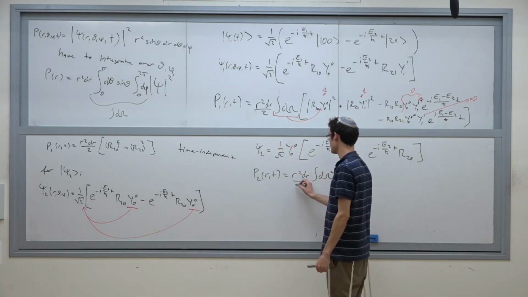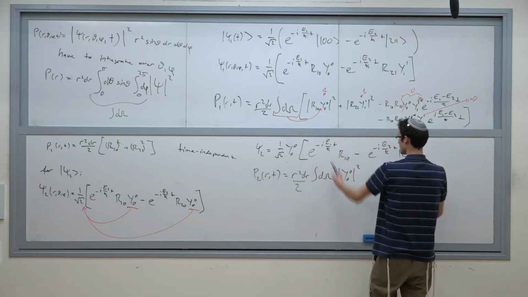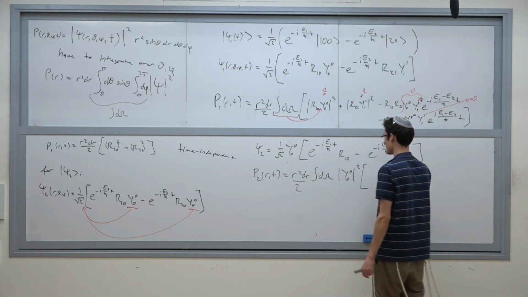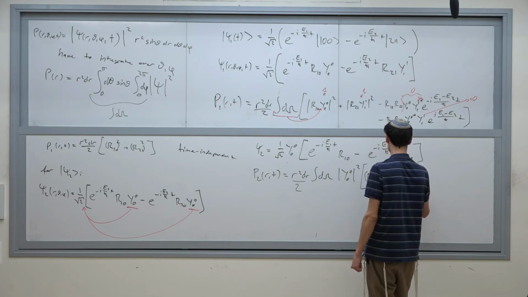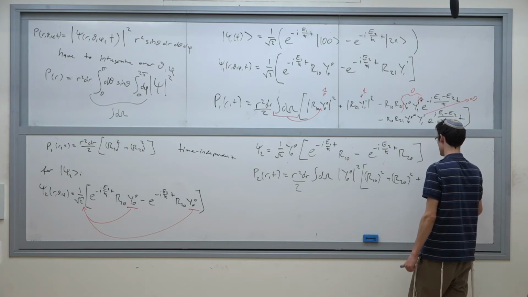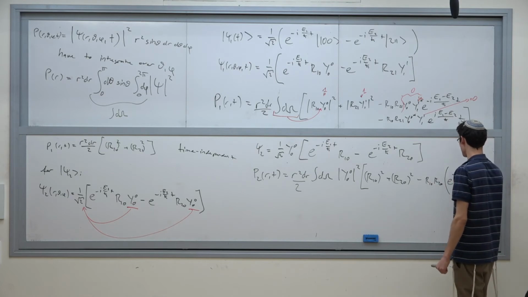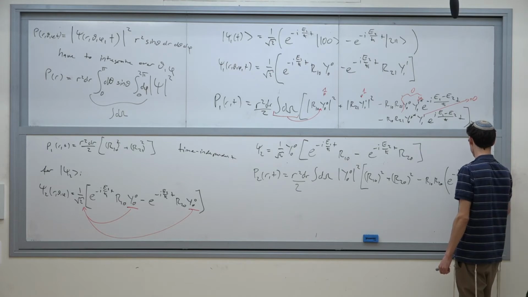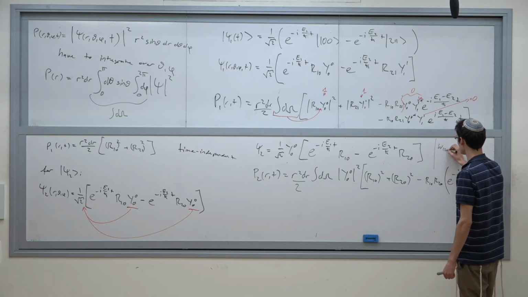So there's a 1/2, and then there's a Y00 squared, and then there's this thing times its complex conjugate. So there's an R10 squared plus R20 squared plus R10 R20 times, there's a minus here, times e to the minus i omega 12 t plus e to the i omega 12 t, where I've defined omega 12 as E1 minus E2 divided by h bar.